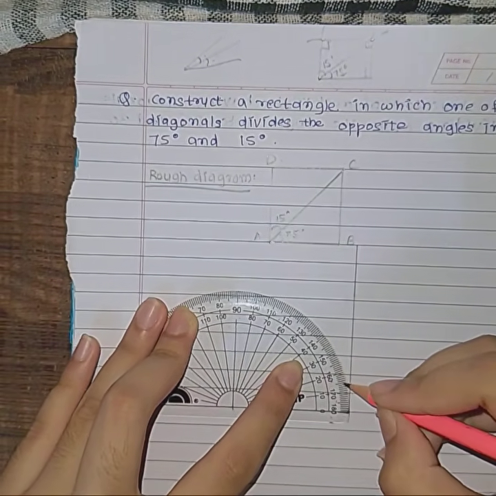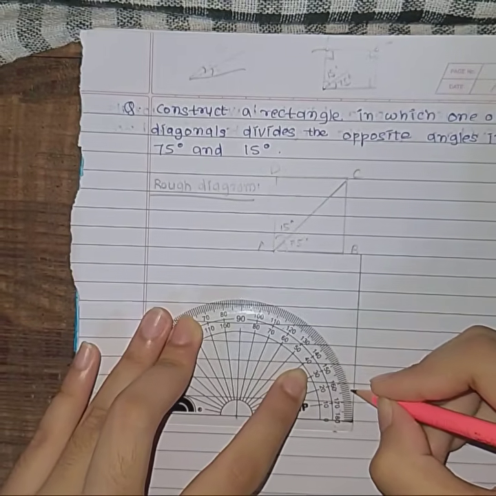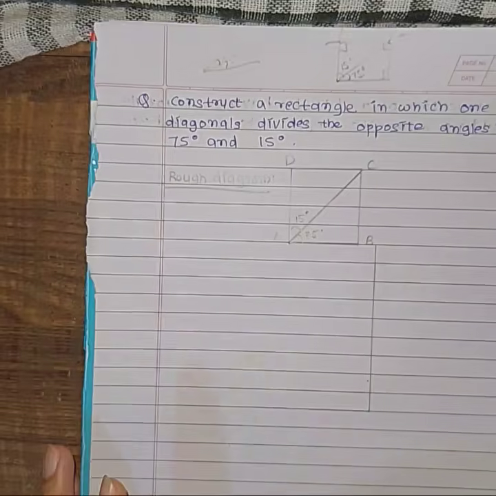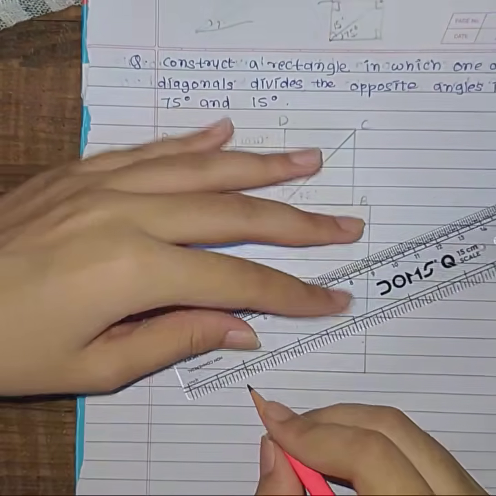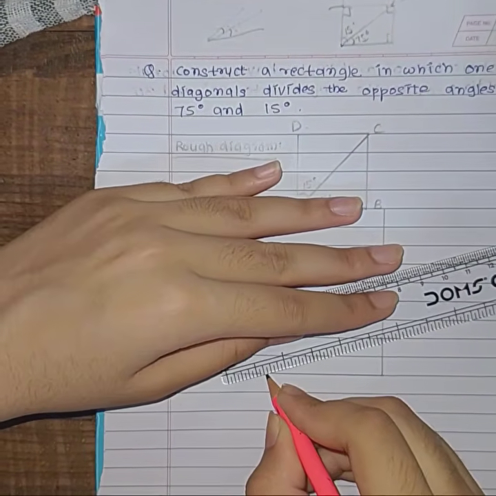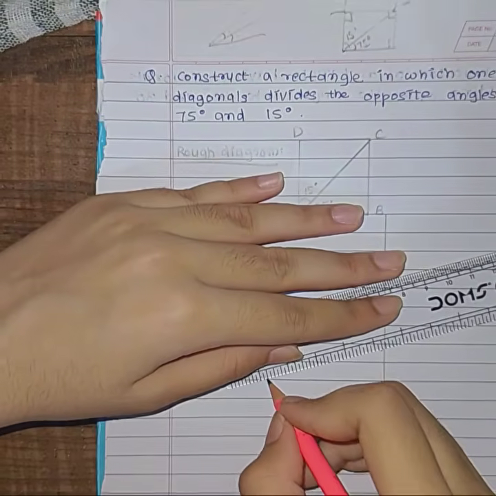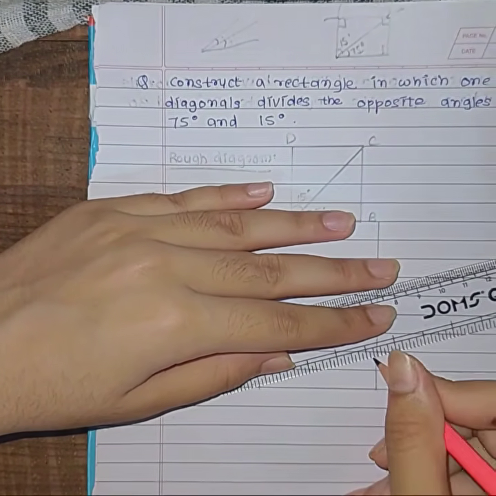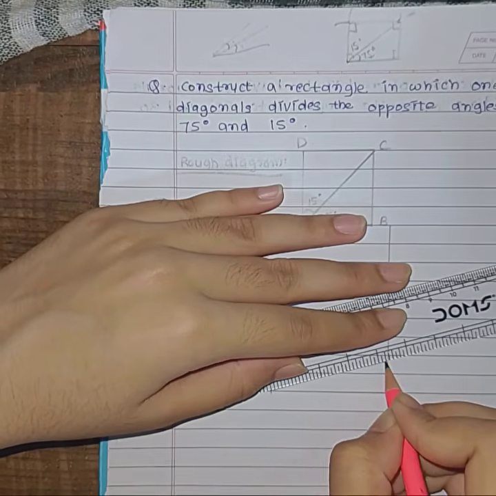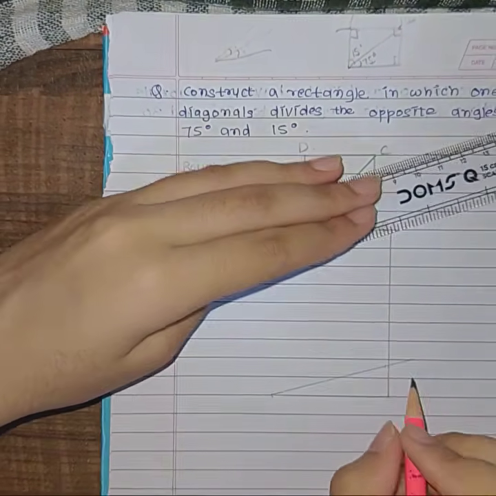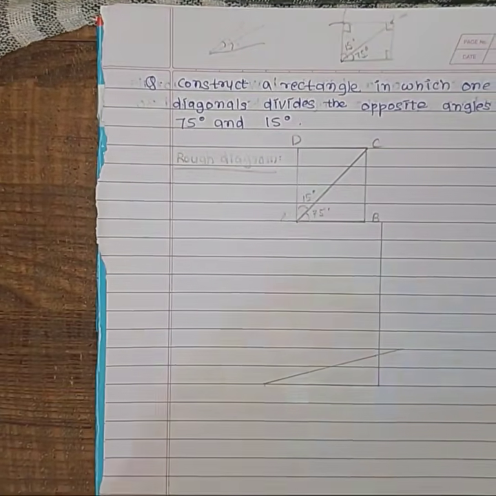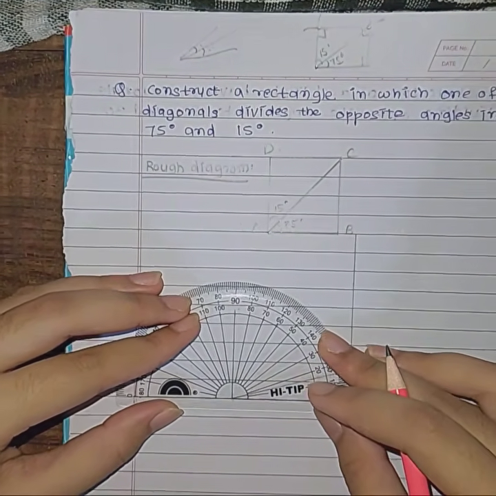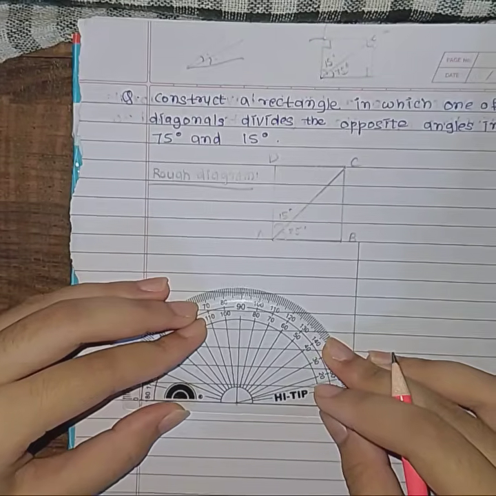This is 10, this is 15. Join this point and this. Done. And I'll measure 90 degree over here.